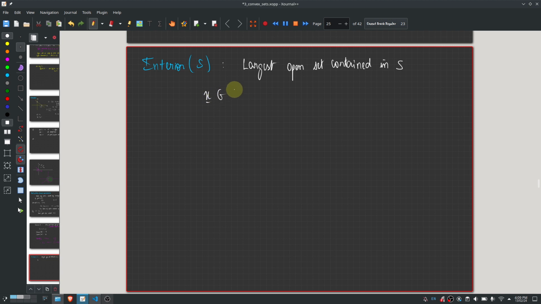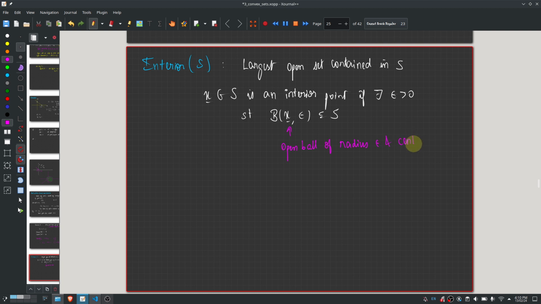So x in S is an interior point if there is some epsilon greater than 0 such that the open ball centered at x and having radius epsilon is contained within S. So this is just the set of all vectors y such that the norm of x minus y is less than or equal to epsilon.